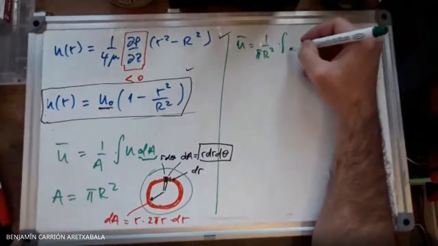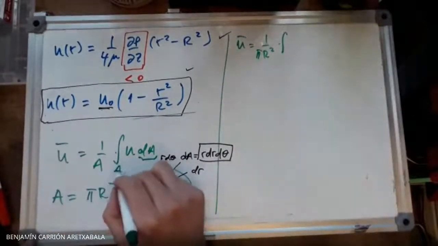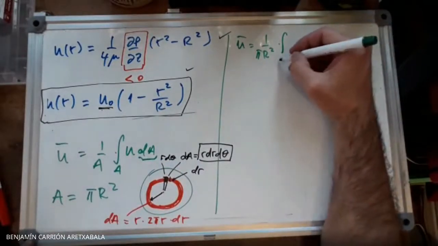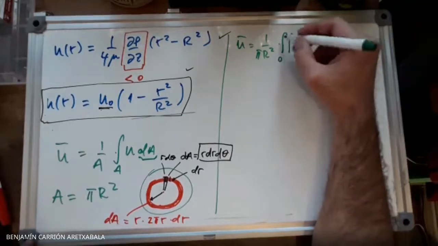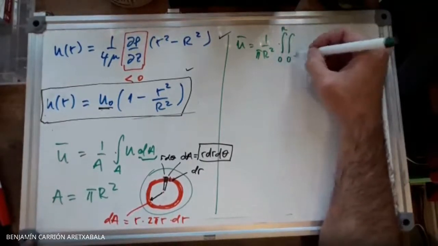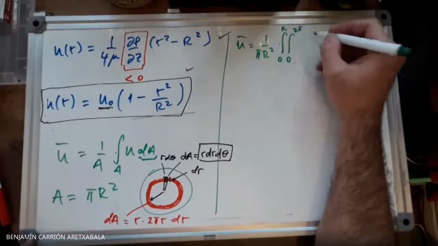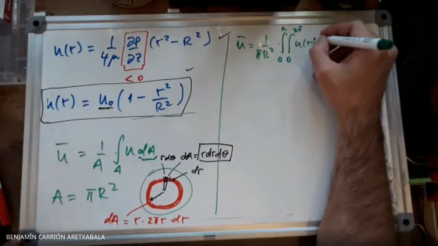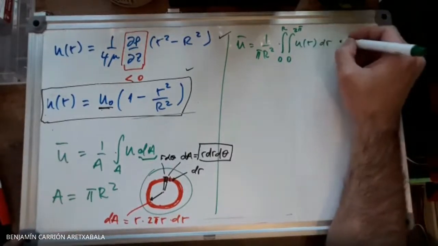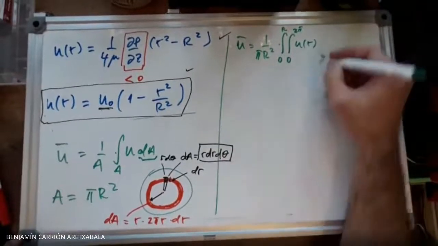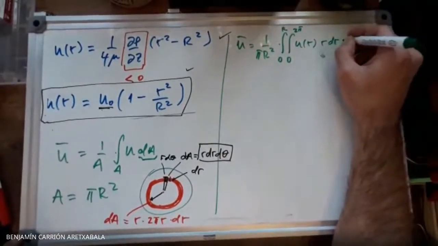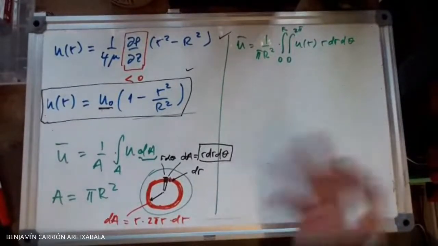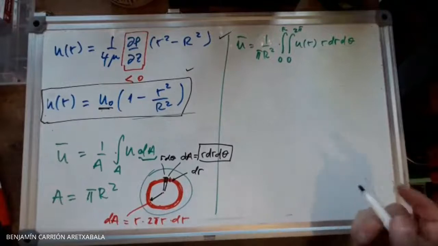Here I'm integrating over the area, but you can be more precise, and actually you're integrating over the radius between 0 and R, and over theta between 0 and 2 pi. Then the area element we said is r dr d theta. So this is right too, but you need to do a double integral, which is fine.